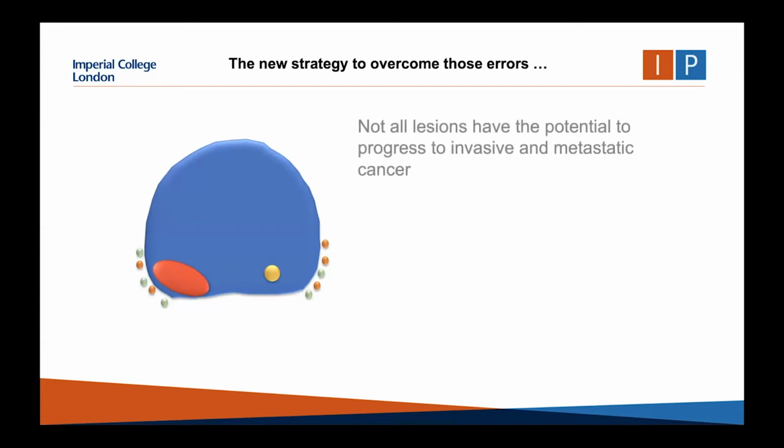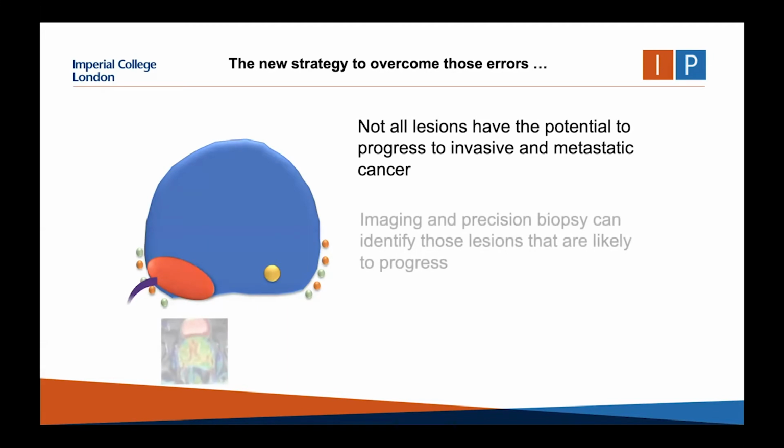So the new strategy is to agree that not all cancers need treatment, and that there is an index lesion, maybe 2 index lesions in a prostate, which can often be identified by imaging and precision targeted biopsy.